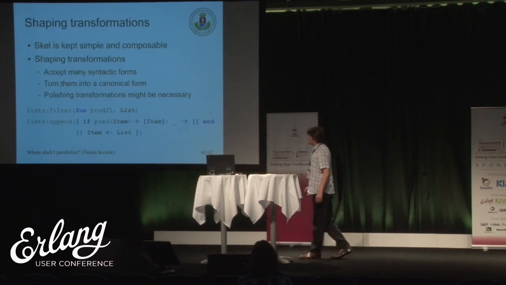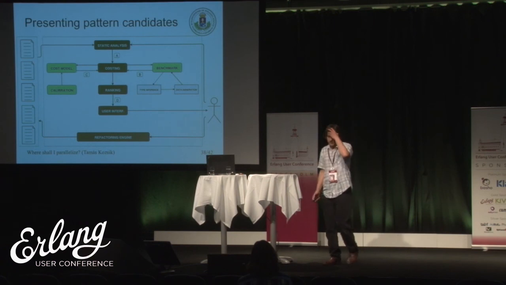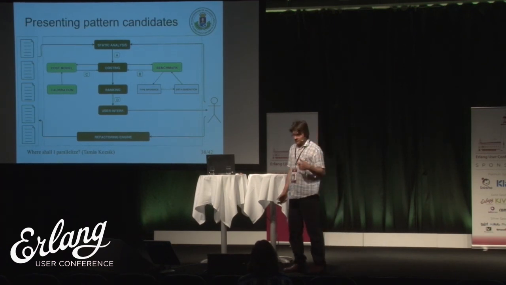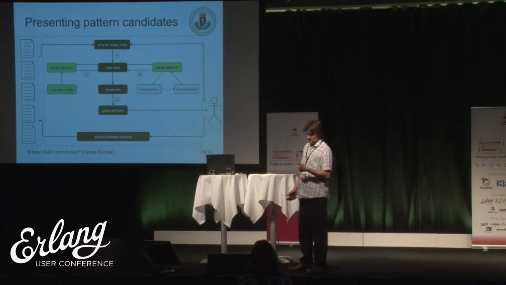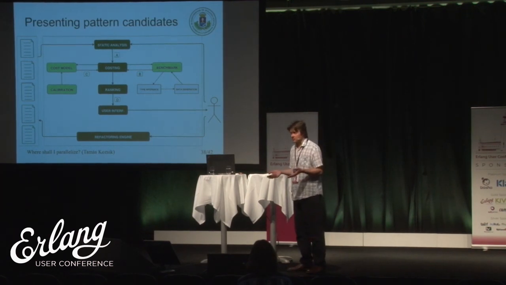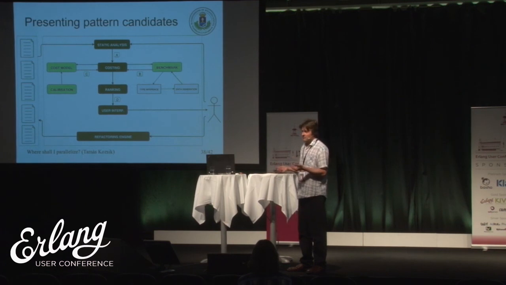So this is done by the calibration part of the cost model. If you want to calibrate your application for a given hardware platform, then you have to run this calibration module on that hardware and measure, for instance, how much time it takes to spawn a new Erlang process on that platform, how much time it takes to copy from heap to heap.